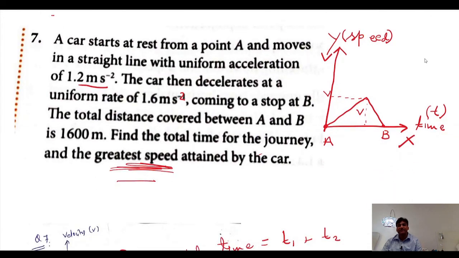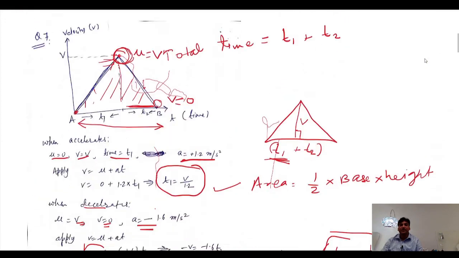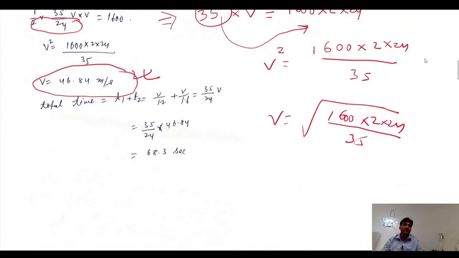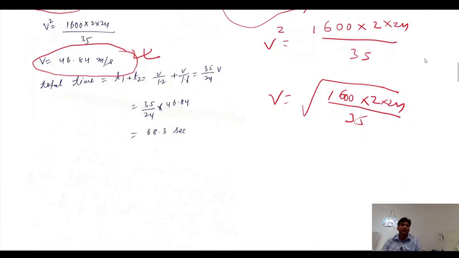Greatest speed means maximum velocity. So we got v. Now we need to find the total time. The total time, as I already told you, is t1 plus t2: v over 1.2 plus v over 1.6, which after calculation is 35 over 24 v. Now we have the value of v, that is 46.84. Just calculate this, you will get 68.3 seconds.